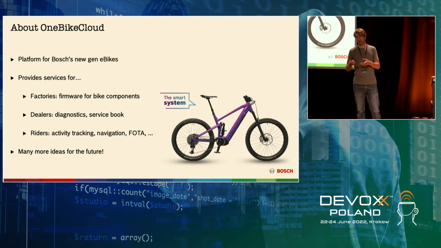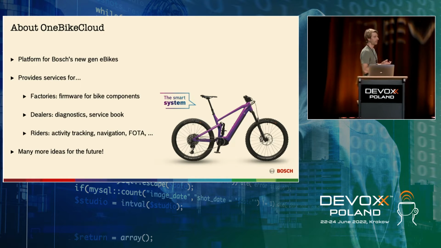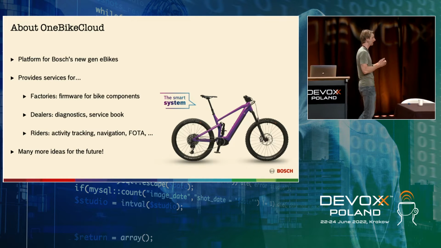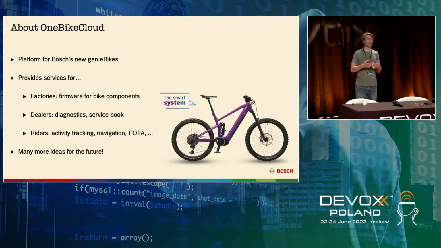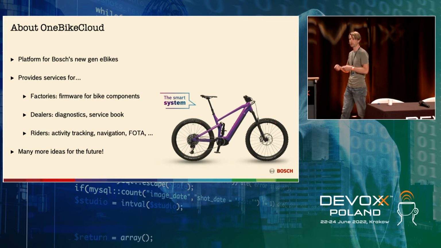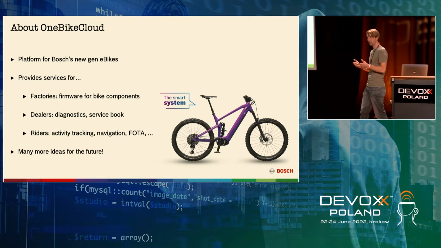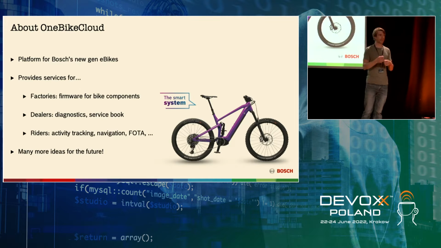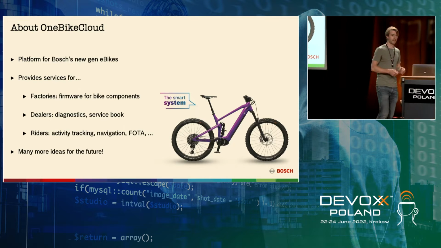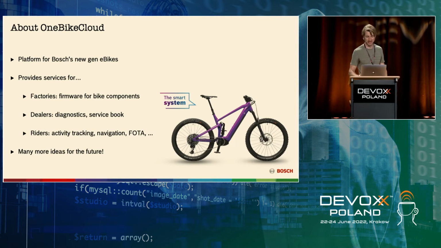They can download an app from the App Store and use it to connect with their bike and have functionality like navigation or activity tracking, so record all your trips. Also there are things like firmware over-the-air updates for your bike components, or you can tweak your motor settings and stuff like that. And there's more stuff to come, so this will evolve over time.